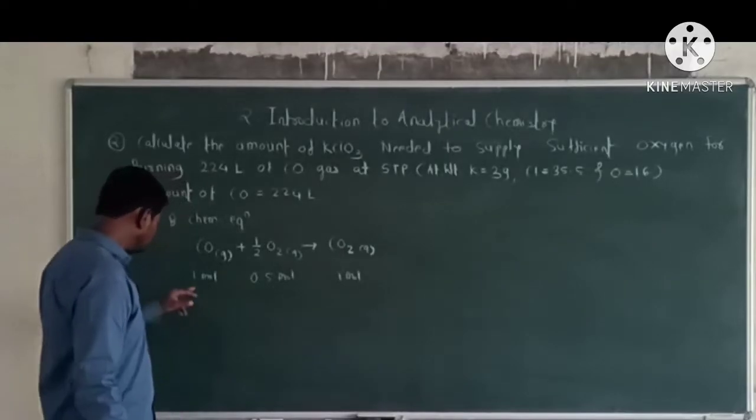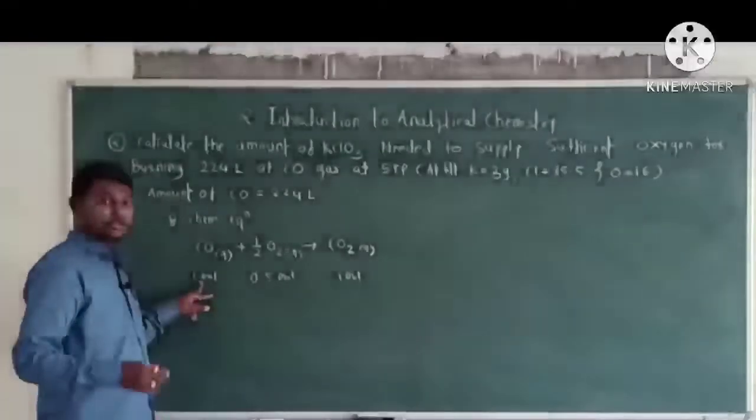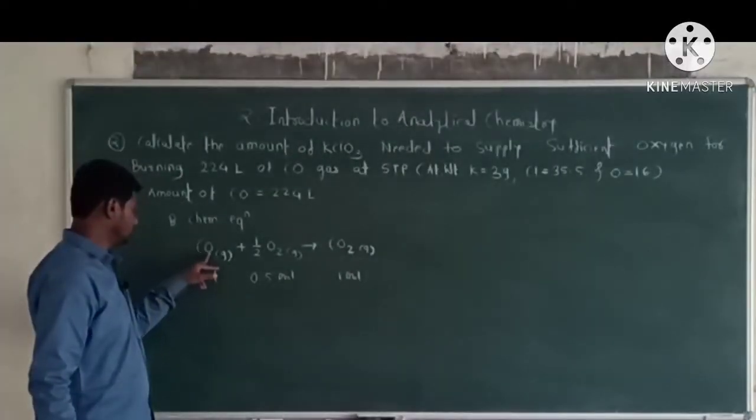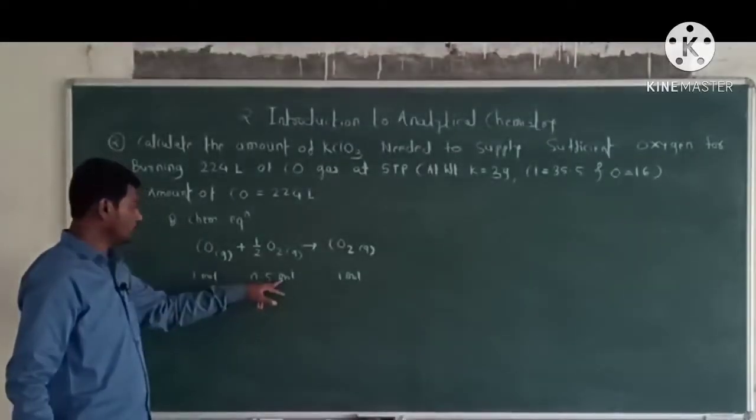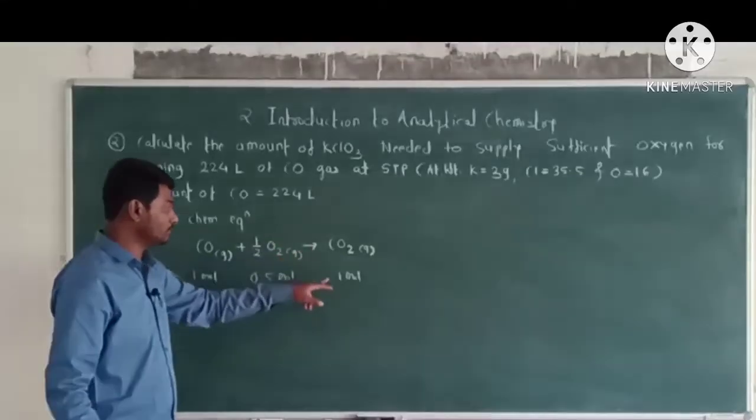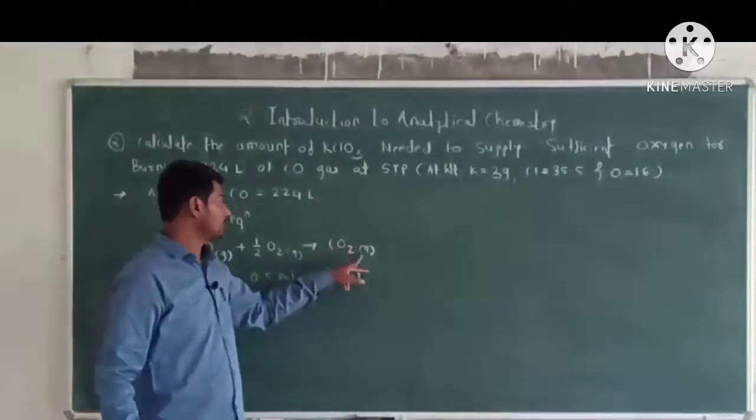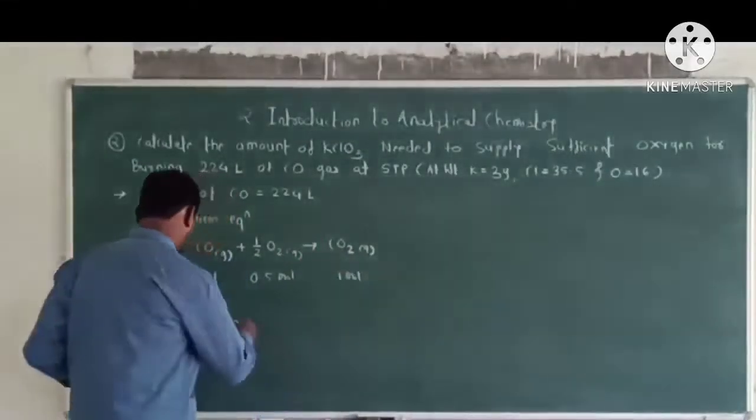So 1 mole of carbon monoxide requires 0.5 moles of gaseous oxygen to produce 1 mole of gaseous carbon dioxide.